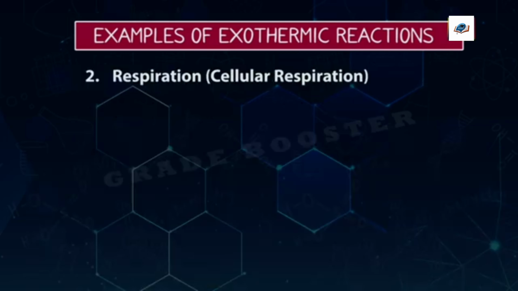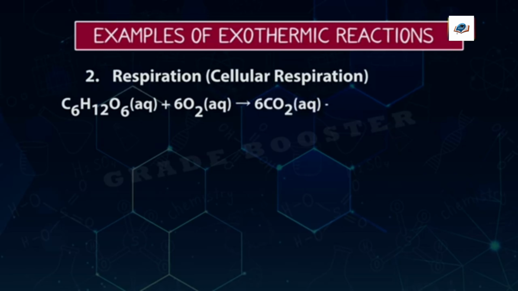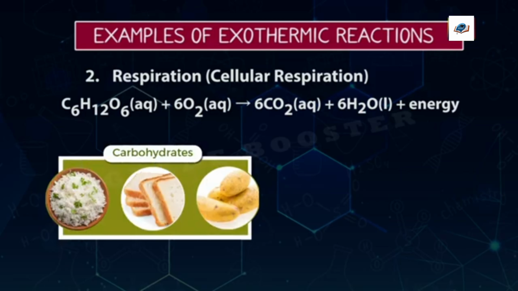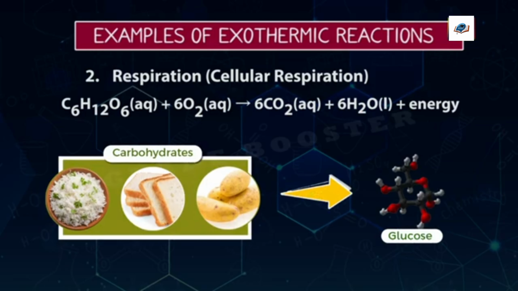Next, respiration, which is also called cellular respiration. Let us see the reaction. C6H12O6 plus 6O2 gives rise to 6CO2 plus 6H2O plus energy. The food we eat contains carbohydrates like rice, bread, potatoes.